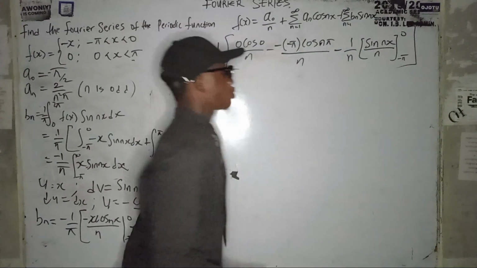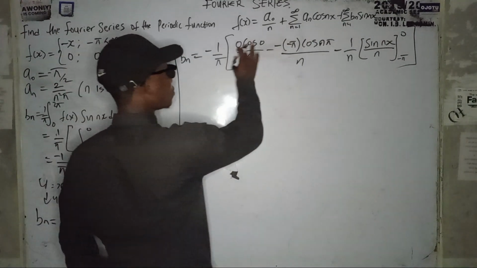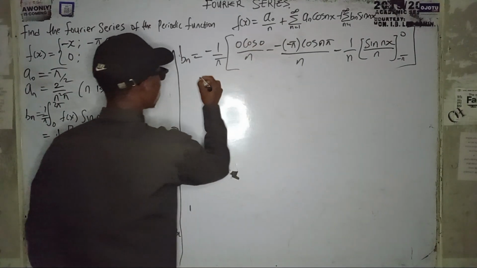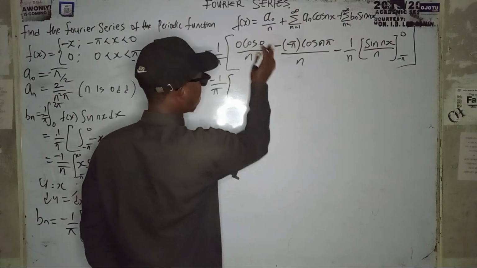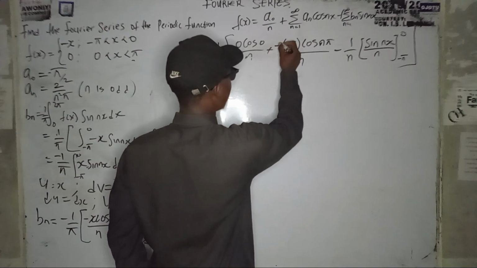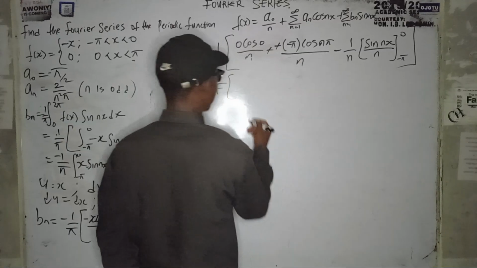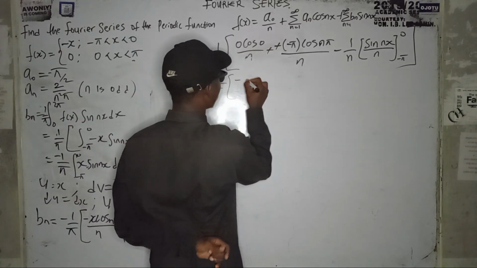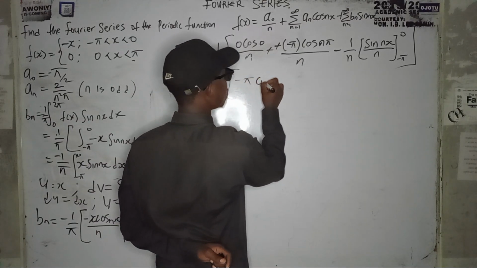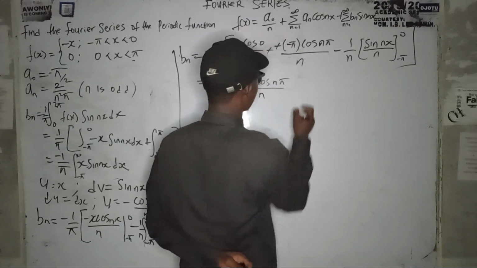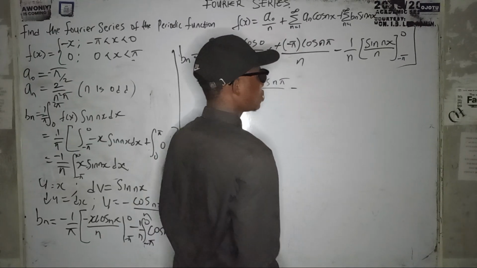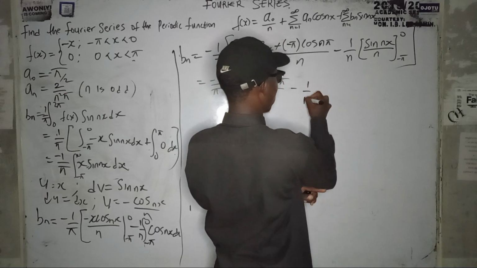Now 0 here cancels out. So this is minus 1 over pi, we have this as 0. Then minus multiplied by minus gives plus. We also have this minus to become minus pi cos n pi over n minus, and this n can come outside, so we have 1 over n squared.